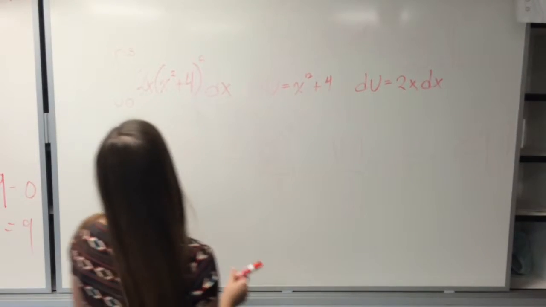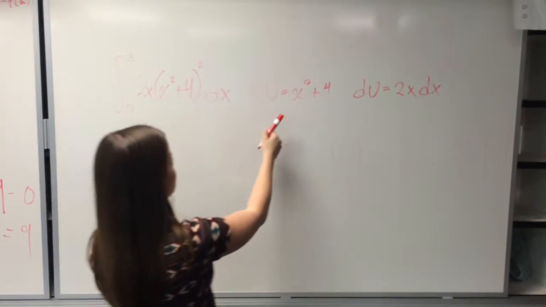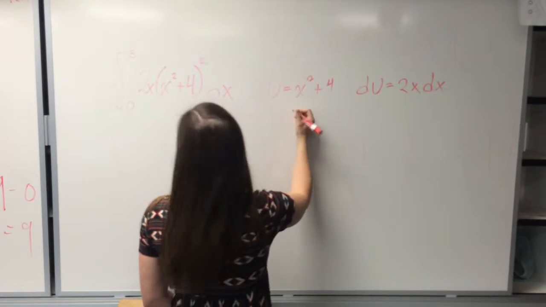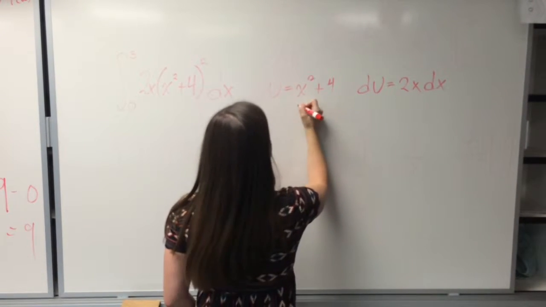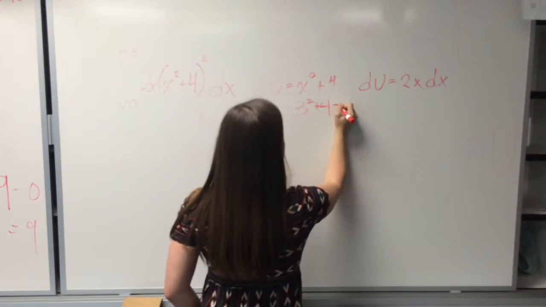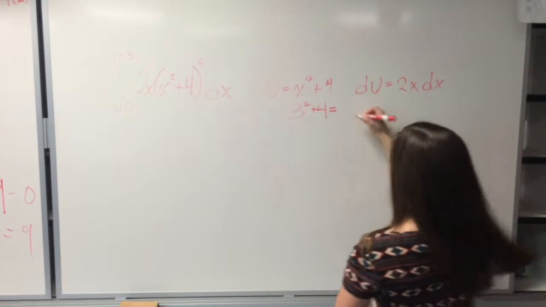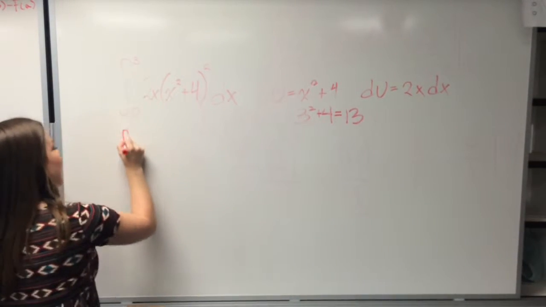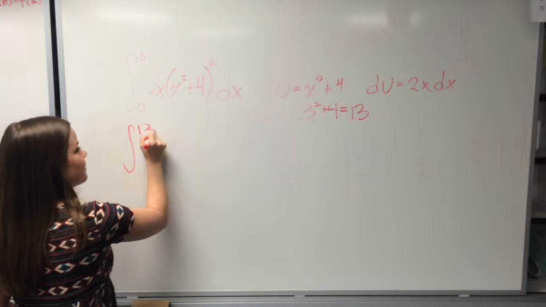So next you want to plug your bounds into this so that you can find your new bounds. You would do 3 squared plus 4, which is equal to 13. So on top you would have 13.